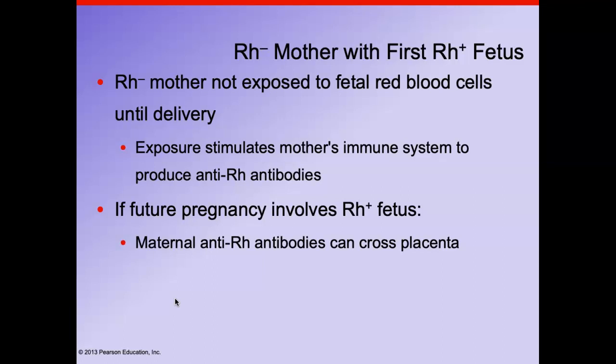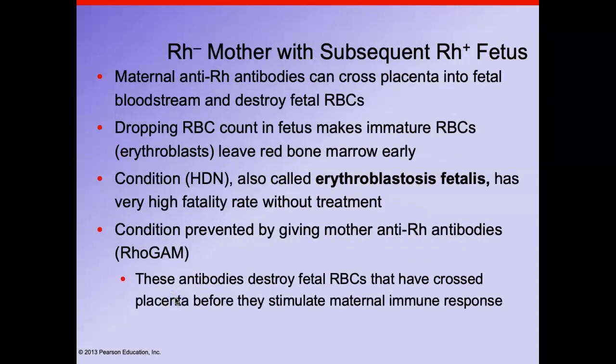So during delivery, some of those fetal red blood cells may mix with her blood cells, causing her to produce anti-Rh antibodies. So future babies may be in danger. And so we give a shot called RhoGAM. You may have heard of it. You will have it prior to delivery. You'll have it after delivery.